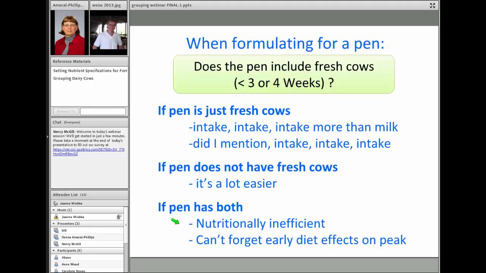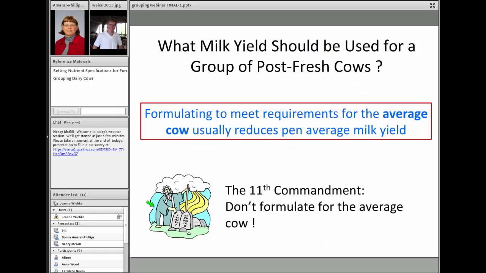This is very nutritionally inefficient, because you've got huge differences in intake and not that much difference in milk yield. And we can't forget, if I feed a fresh cow incorrectly, it's not just going to hurt production today or tomorrow. It may hurt production the entire lactation, because I might affect peaks, and we all know what that will do. So this situation is difficult, but I will discuss that.